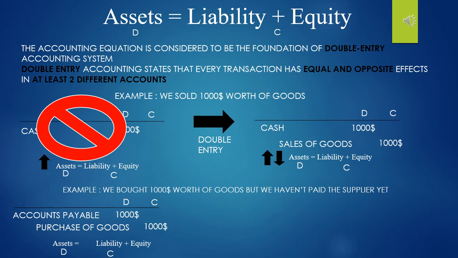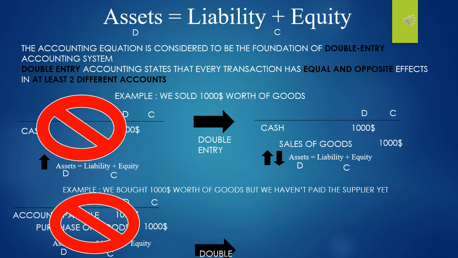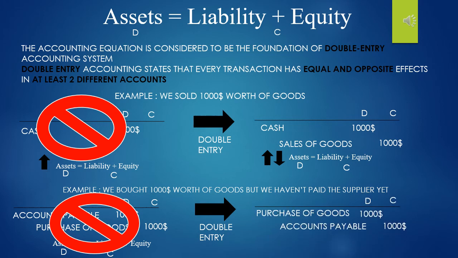Because of double entry accounting, you have to think of it this way. Did your asset increase? It did. Why? Because you purchased some goods, so your inventory, which is an asset account, increased. And we said to increase an asset, you put it on the debit side. And accounts payable, what is it?